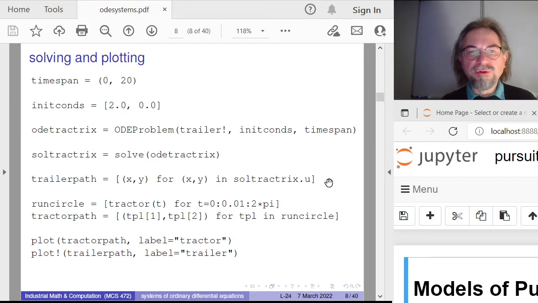Note that what the solution returned is a matrix with two columns, but for plotting purposes we need to provide an array of tuples. So the trailer path does this, and the tractor path here is simply statically computed, so this is a static picture. It's just a circle.